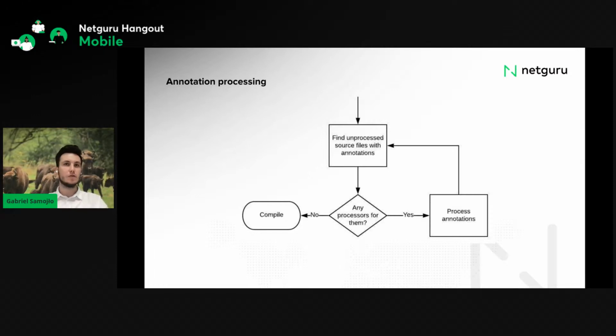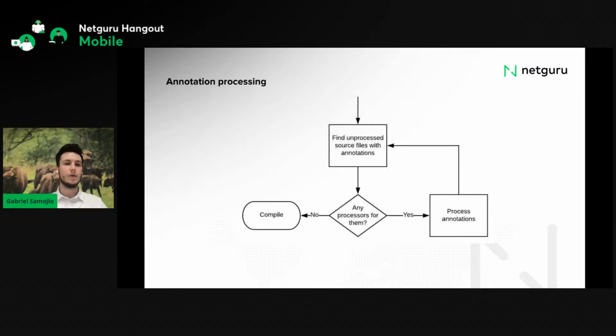So there is a possibility of an infinite loop, which is really dangerous, because basically that means your application won't even compile. That's something you need to take care of, to be sure that you are not doing anything like that.